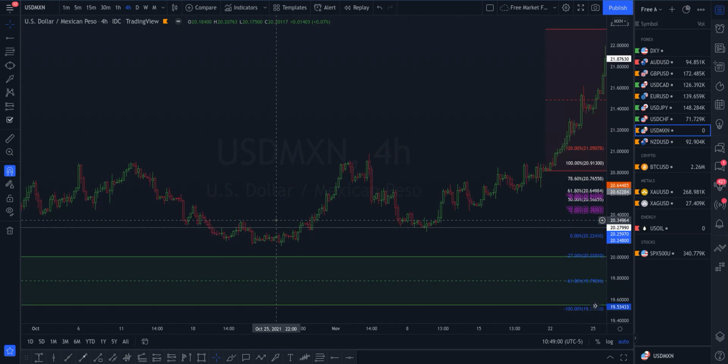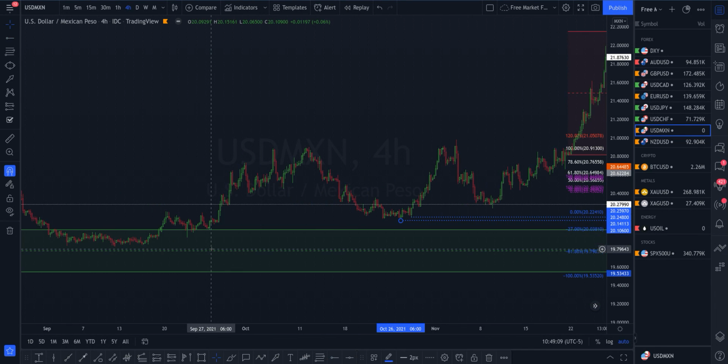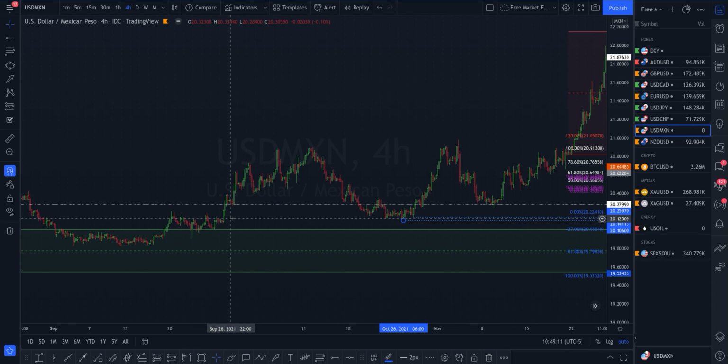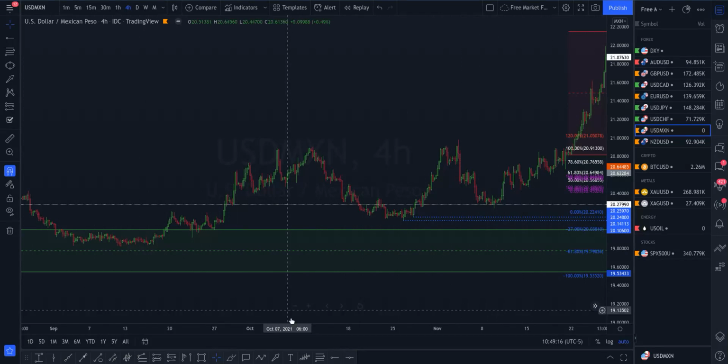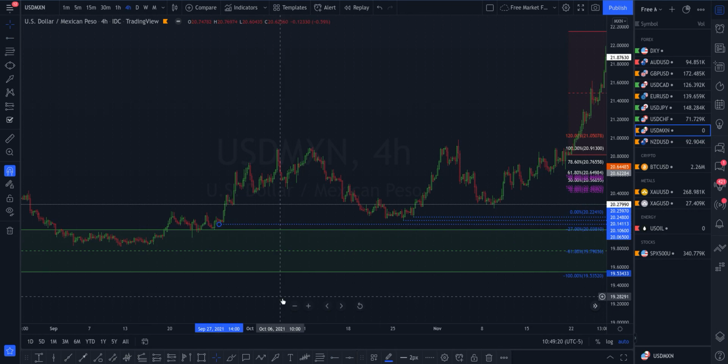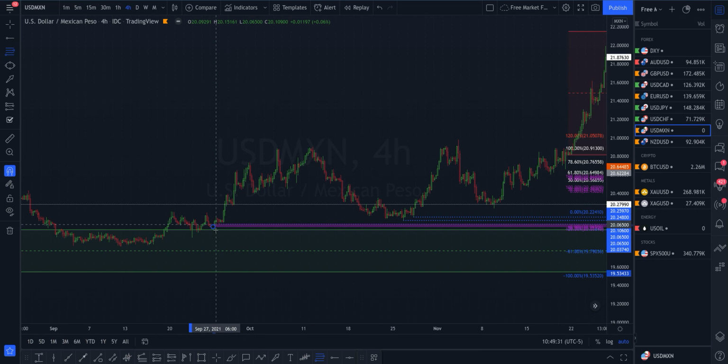Mexican peso was not looking that wonderful. Partial profit. That gap has been filled, so we'll take partial profit at the low. This gap has not been filled. I'm going to put this here just so you guys can see.